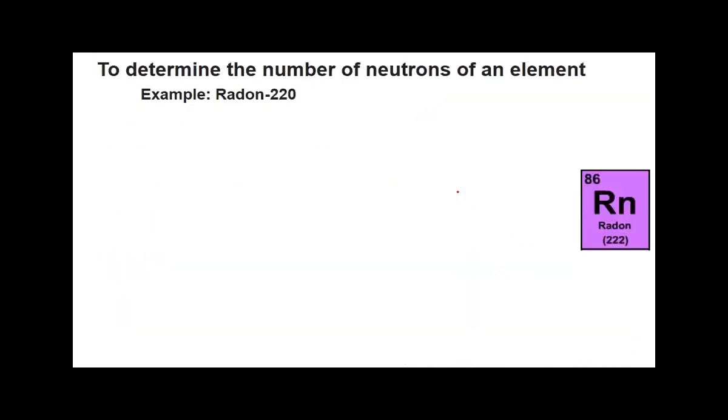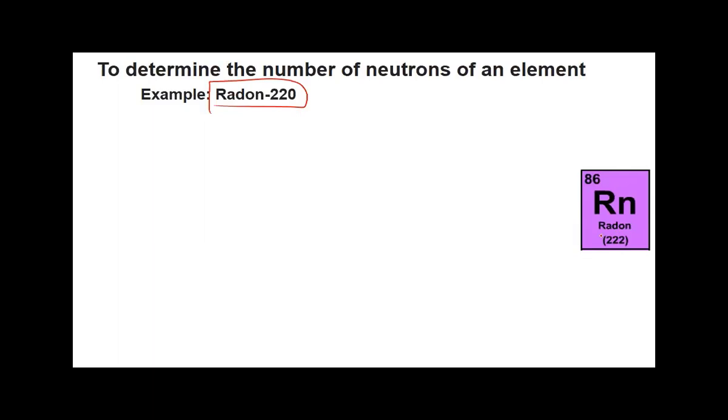And so let's go ahead and work together to determine the number of neutrons in the element radon-220. So look at this right here, and this is what you have to do. This is important. When you get to this point and you see radon-220, everybody see that? Look at what I'm going to do.